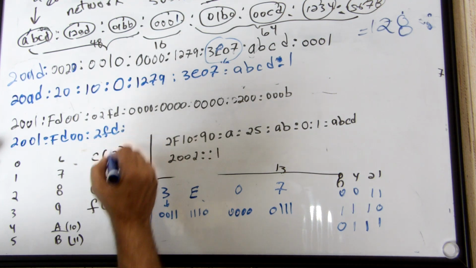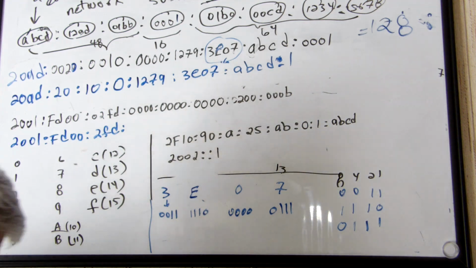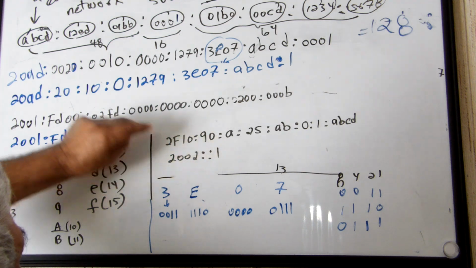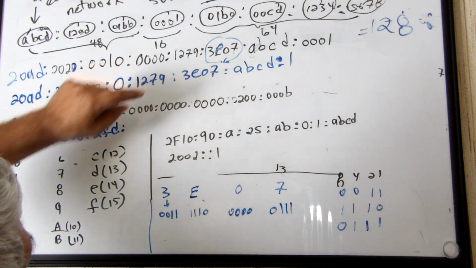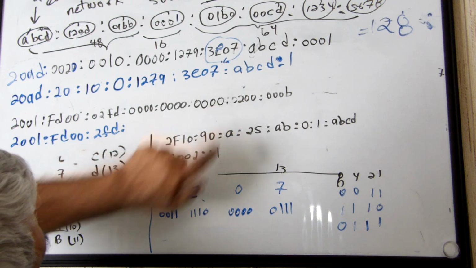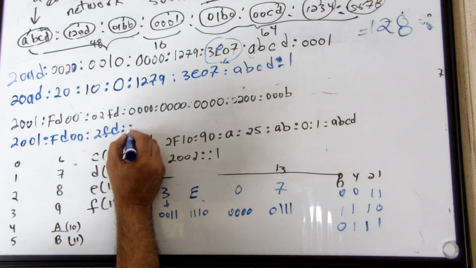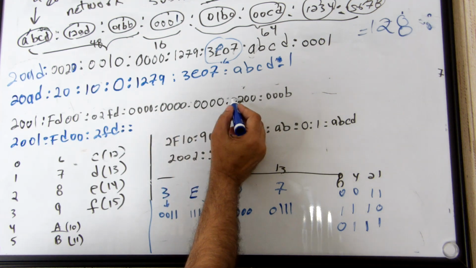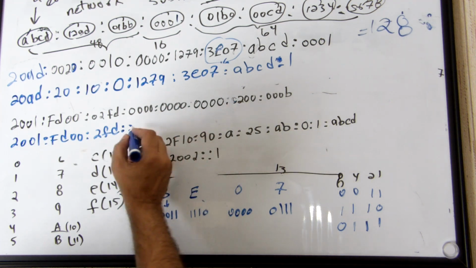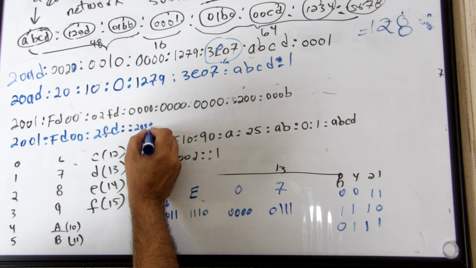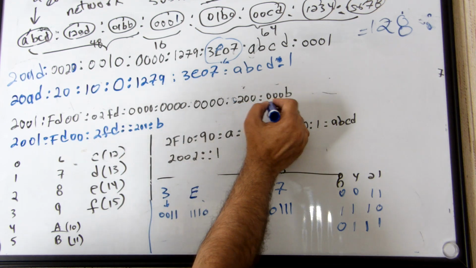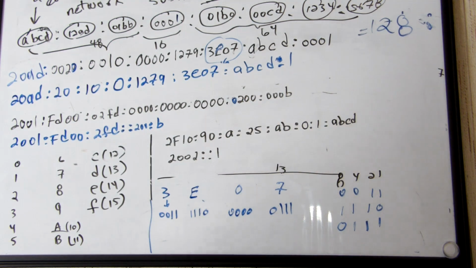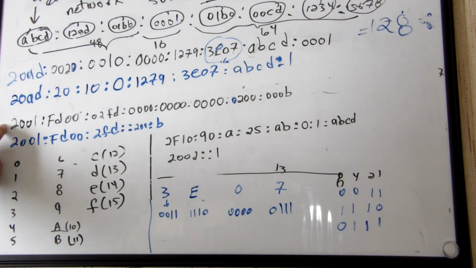And then there is a thing here that if we have more than 1 field that is all 0, if there is more than 1 field, 1, 2, 3, you can write it like this. And then we have 3 zeros. This is going to be 200B. We eliminate the zeros behind, and this is the abbreviation for this one.